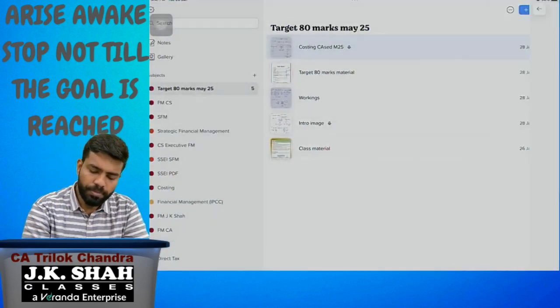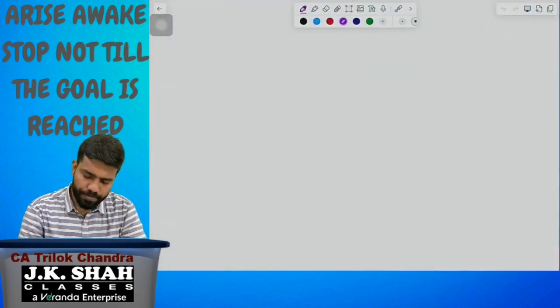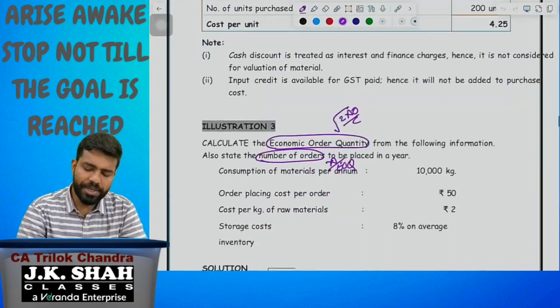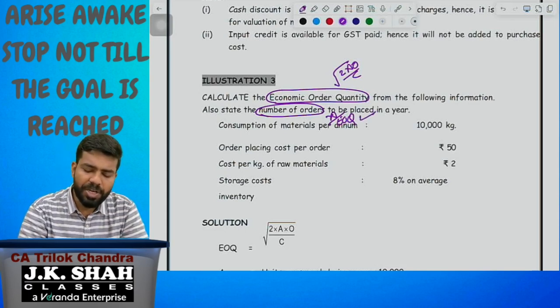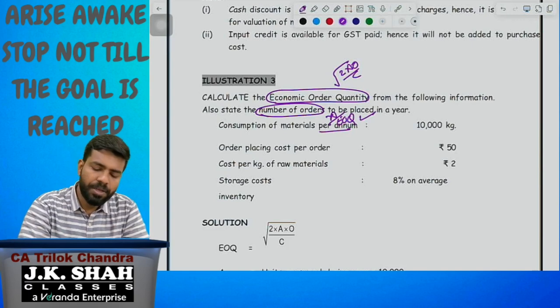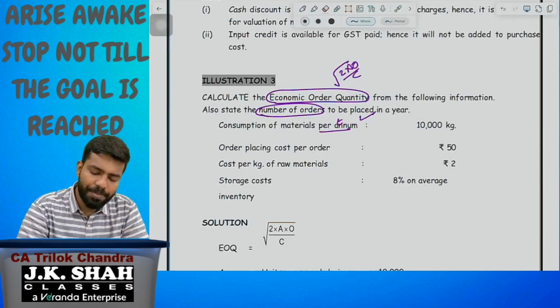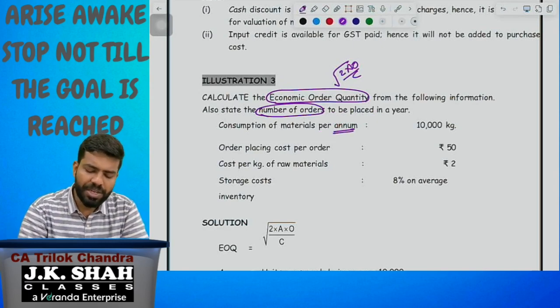Now look here. One requirement is EOQ, one more requirement is the number of orders. We will calculate EOQ, and using that EOQ we will calculate the number of orders. Here, consumption of material per annum is 10,000 kgs.